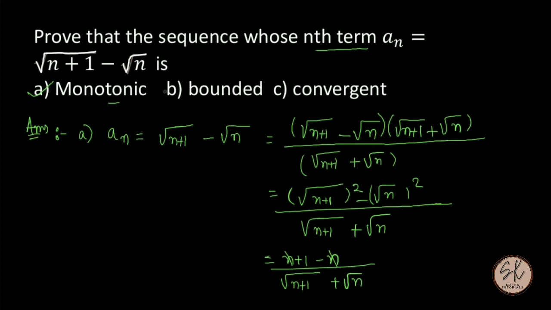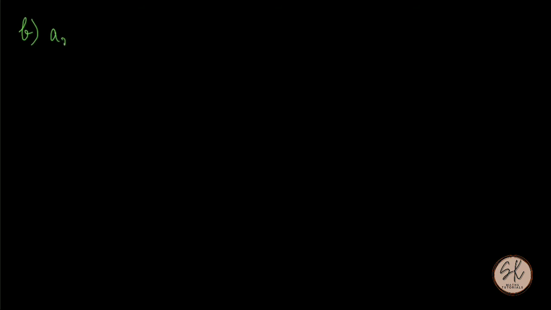Next let us prove its boundedness. We know that a_n is equal to 1/(√(n+1) + √n). This is always greater than 0 for all n, because n is any natural number, so this is always positive.